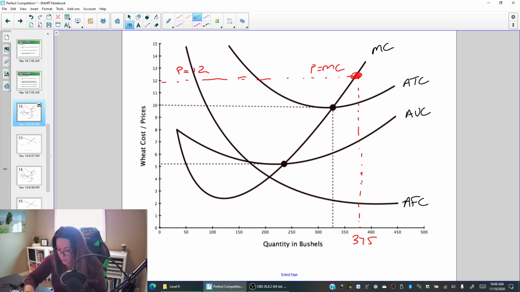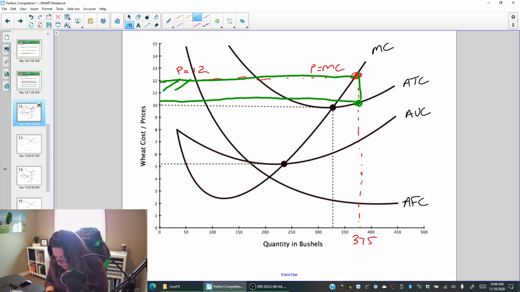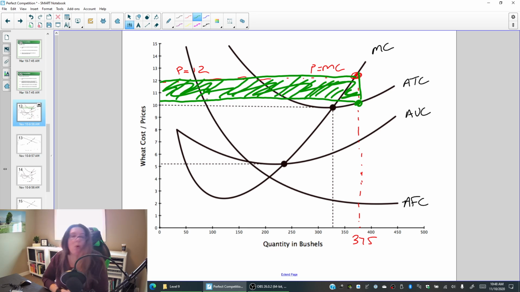It costs how much to make it? Well, here's our cost per unit. Here's the price we're selling it for. So we can see here the profit that we're making. So all of that is our profit, and we could calculate our profit.